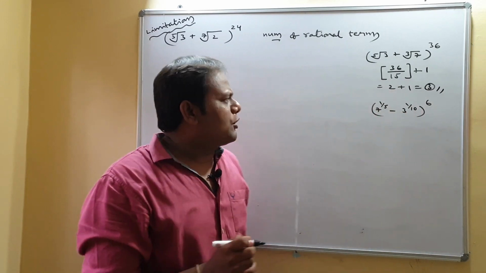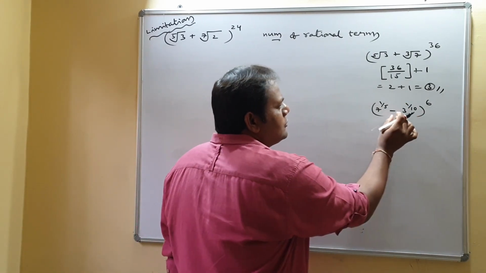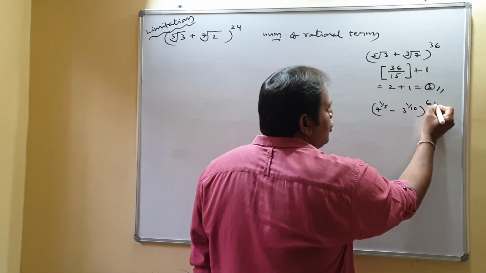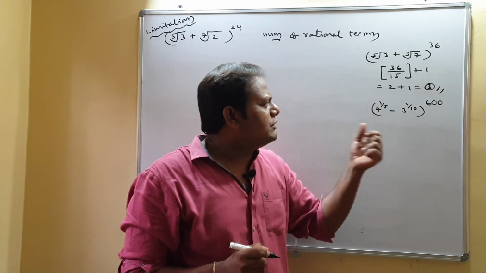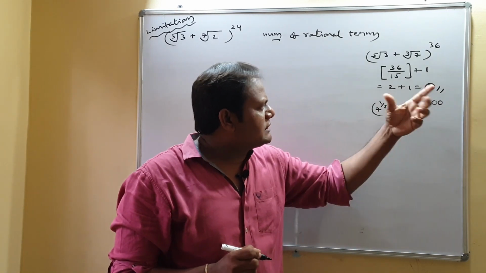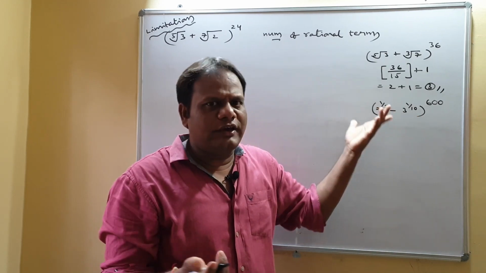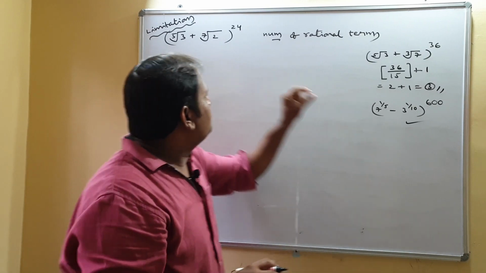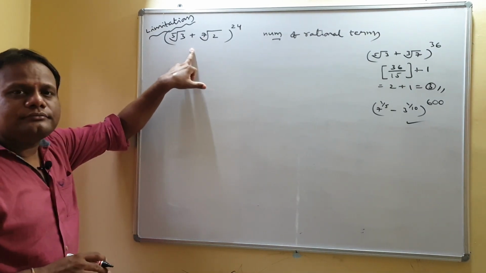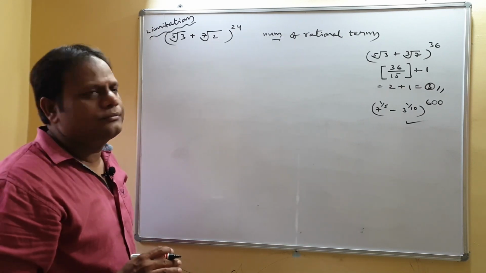Coming to this problem, suppose it is 7 power 1 by 5 minus 3 power 1 by 10, whole power 600. See here, n is 600. Is 600 completely divisible by 10 and also 5? So not a problem, you can apply our shortcut rule. But coming to this, 5th root 3 plus 7th root 2, whole power 24.